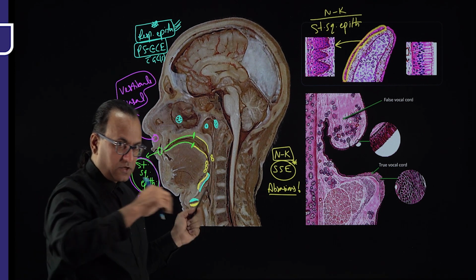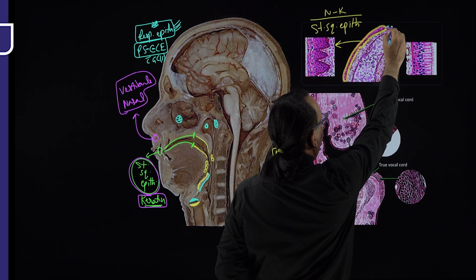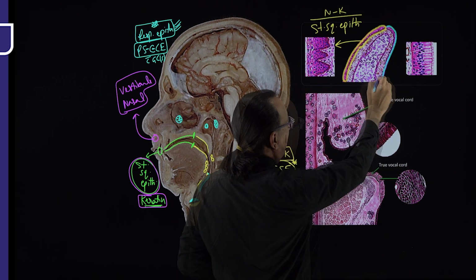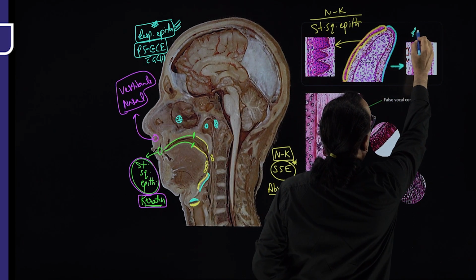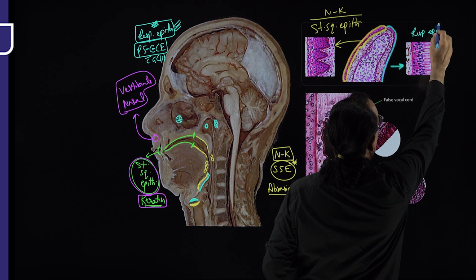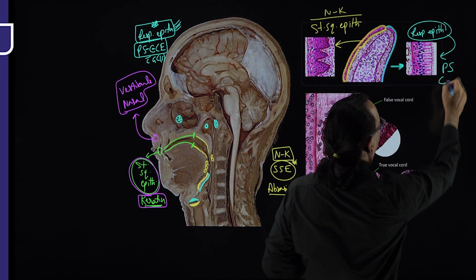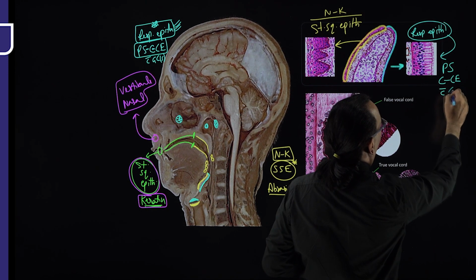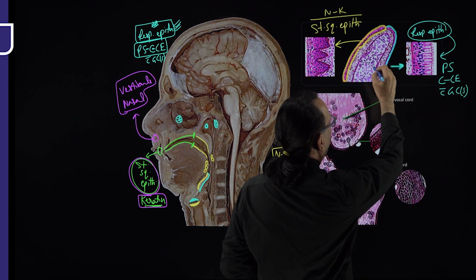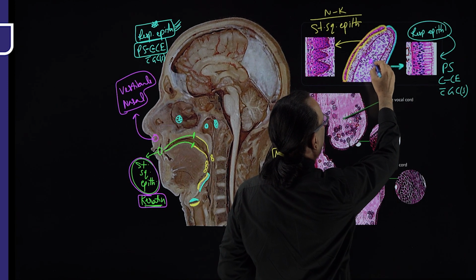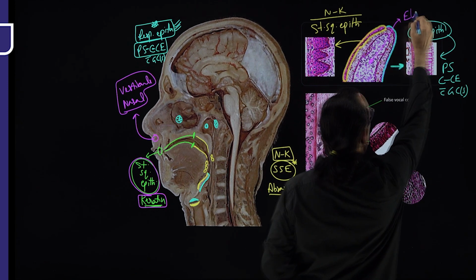If we look at the histological picture, the tip of the epiglottis and the laryngeal surface will be lined by the respiratory epithelium, and that respiratory epithelium, as we understand, is the pseudostratified ciliated columnar epithelium with goblet cells. And we should know that the core of the epiglottis is made up of elastic cartilage.